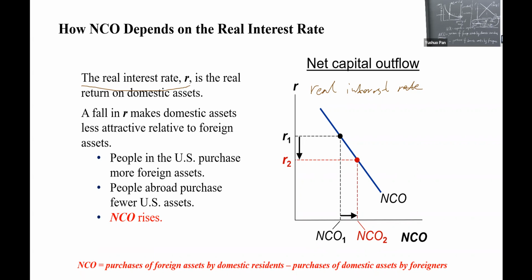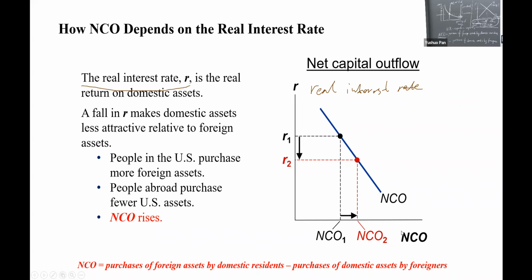If it decreases, the returns on United States bonds will decrease, relative to foreign bonds, like Mexican bonds, whose interest rate is higher than United States bonds. Whether Americans or foreigners, comparing these two markets, people want to invest in Mexico because the interest rate is higher there. So if the interest rate in the United States decreases, Americans are going to invest in other countries, and the net capital outflow is going to increase.